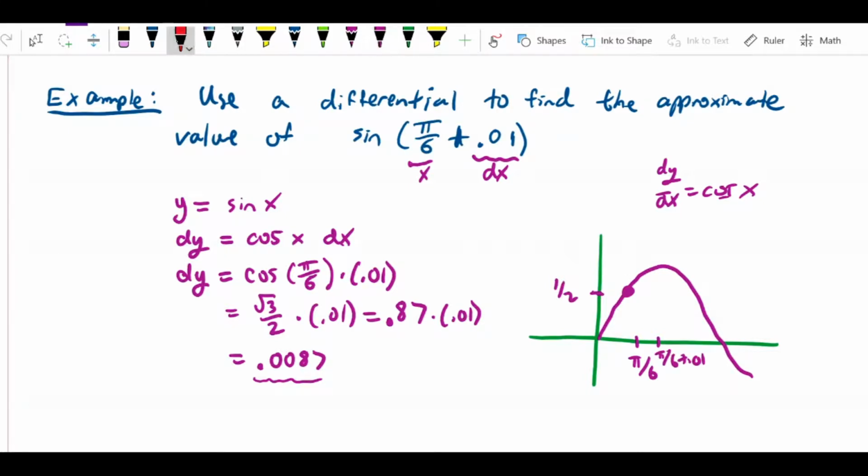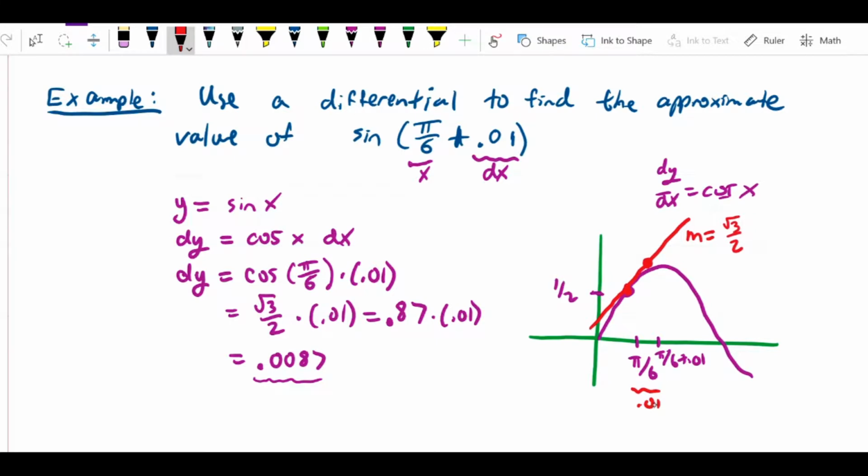So what we're saying is that I started at 1/2, and instead of following the actual function, I followed the tangent line up to here. So I moved 0.01 to the right, and even though this tangent line looks very steep, it's not really. Because we know the derivative of sine is cosine, we know that the slope of this tangent line is the cosine of pi over 6, or root 3 over 2.